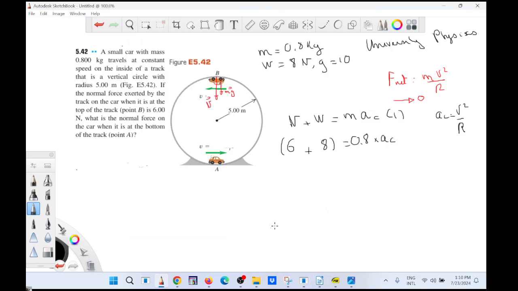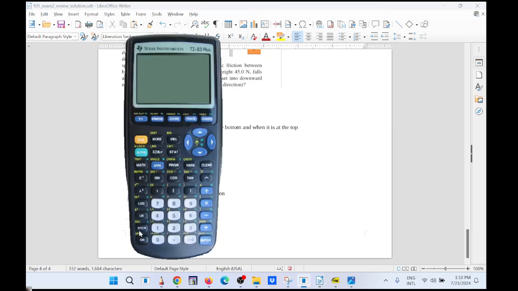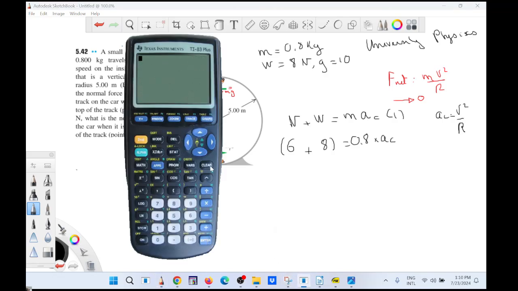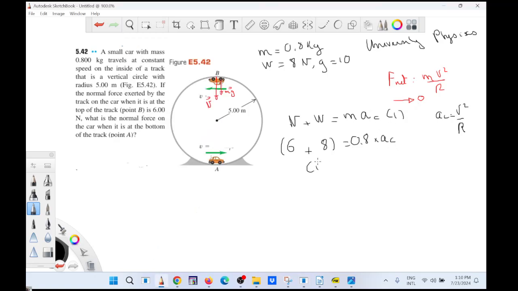Okay, so we have an acceleration of 6 plus 8, 14, divided by 0.8, so 17.5. So acceleration is 17.5. Now you can use that to find the speed, but they don't ask you that.